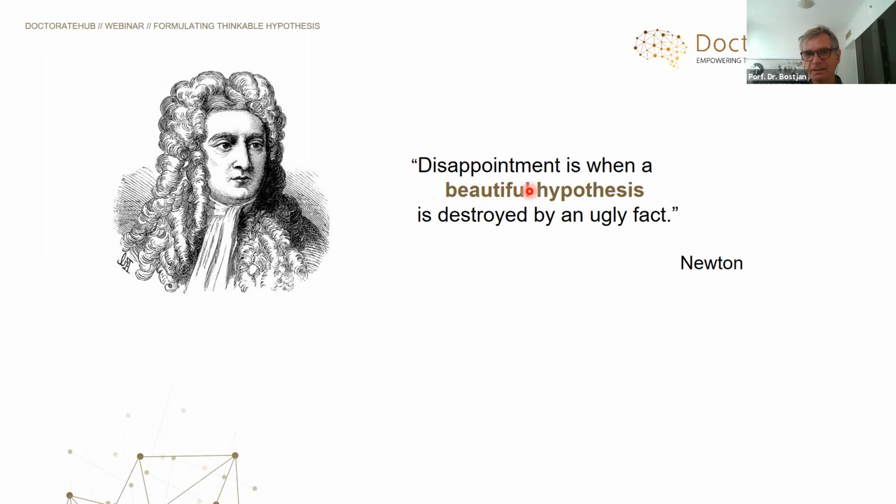Write a hypothesis which is, what did we say? Testable, okay? That's important. And which is justified through your knowledge and through the literature review. So a beautiful hypothesis is not good enough. It has to be testable, because the facts will tell you whether you can reject it or hopefully prove it.